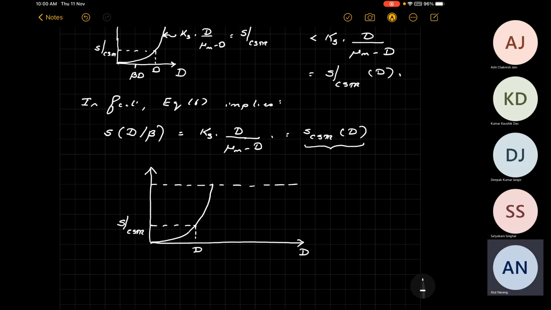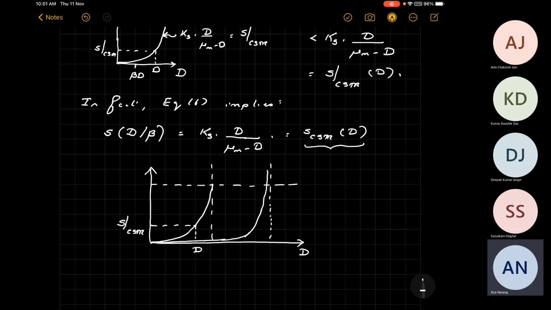Now this very concentration will be reached in a recycle reactor at a dilution rate that is higher, since the concentration in a recycle reactor will always be lower.